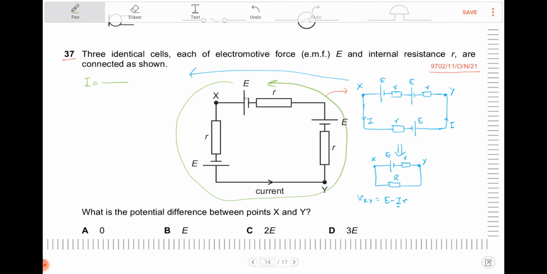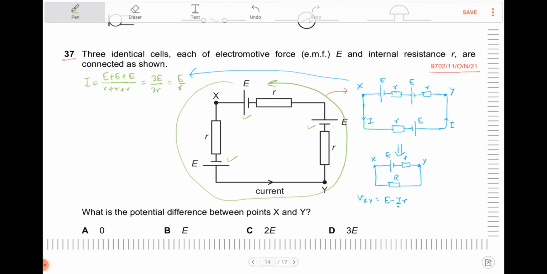That means each source of EMF will be adding to the energy of the other. So I should be equal to E plus E plus E divided by the resistors, which are all in series because they are in the same path. So it is r plus r plus r. That is equal to 3E by 3r, equal to E by r. So that's the value of the current here.